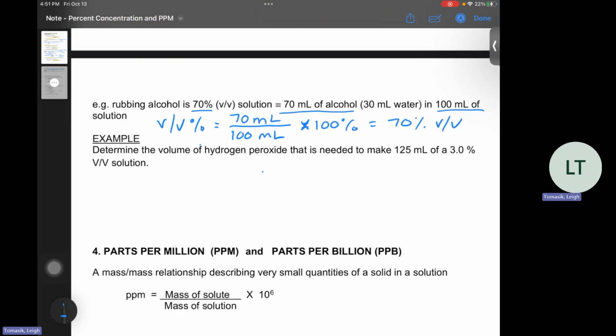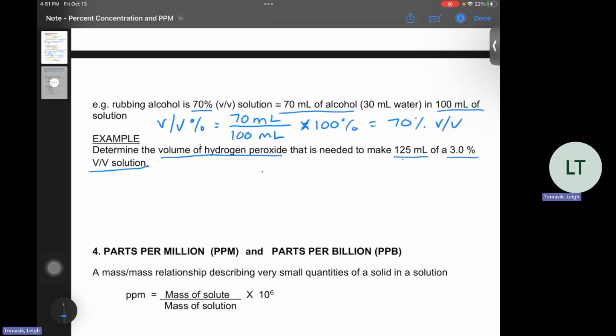Okay. An example says, determine the volume of hydrogen peroxide that is needed to make 125 milliliters of a 3% volume per volume solution. So we need to know the volume of solute.